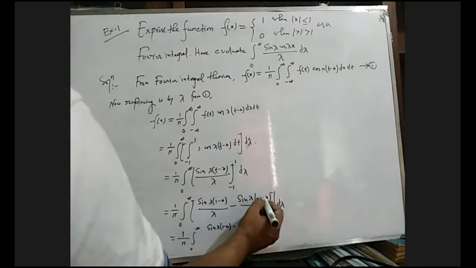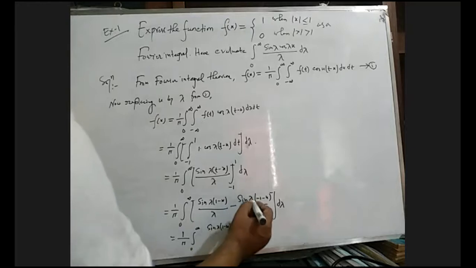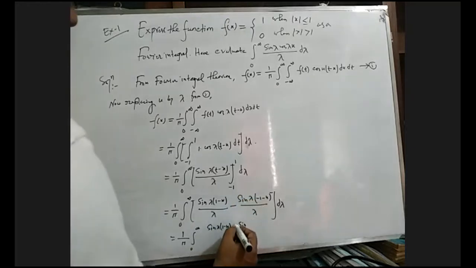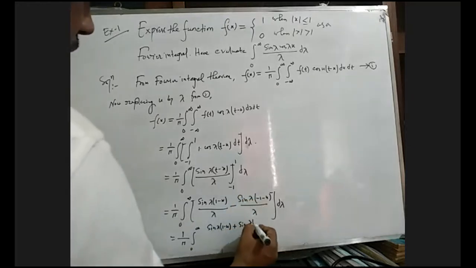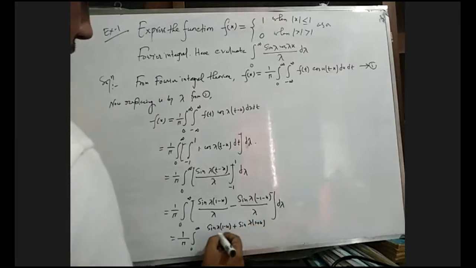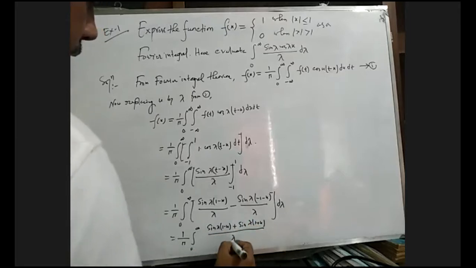If you take the minus common, sine minus theta will be minus sine theta. So sine lambda (1 plus x) divided by lambda.